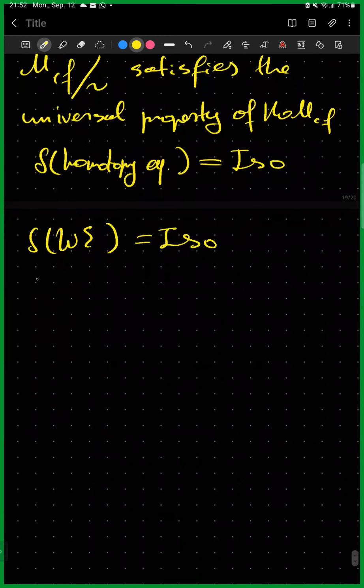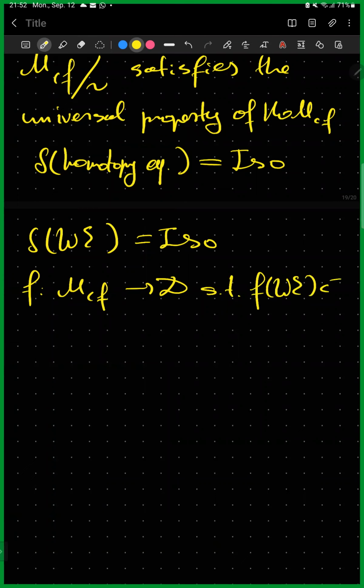Now assume that F is a functor from MCF to D such that F inverts weak equivalences.